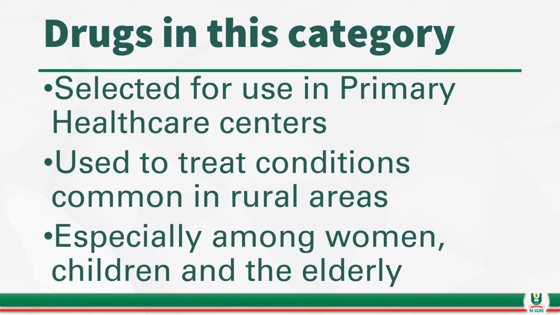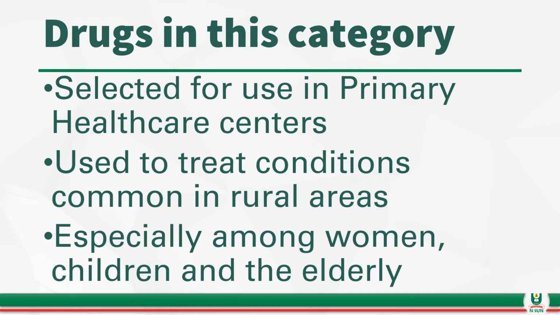So what are the drugs that are in this category of drugs of public health importance, other categories or other aspects of drugs? Such drugs are usually selected for use in primary healthcare centers. They are used to treat conditions that are common in rural areas, especially among women, children, and the elderly.